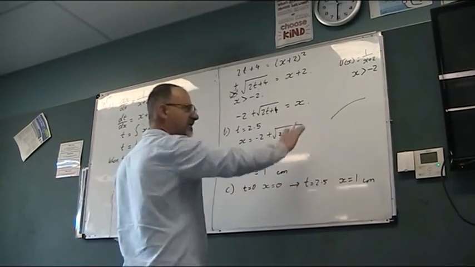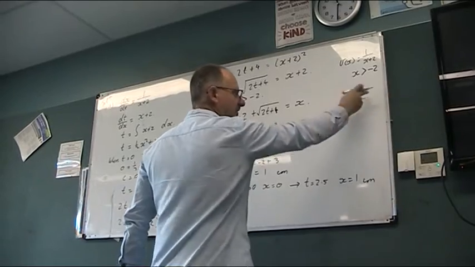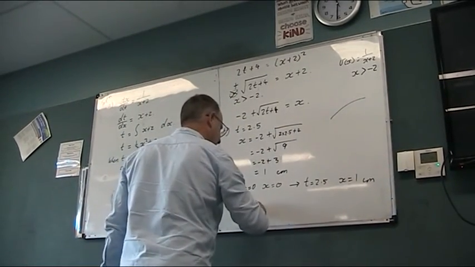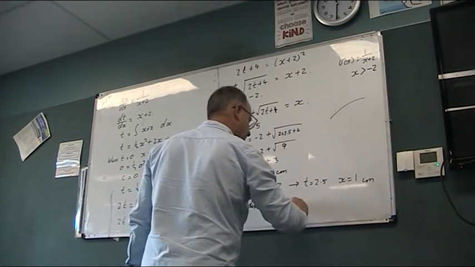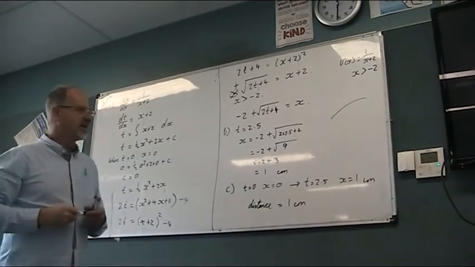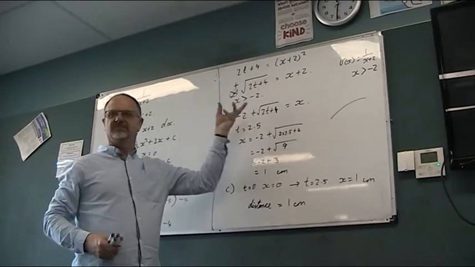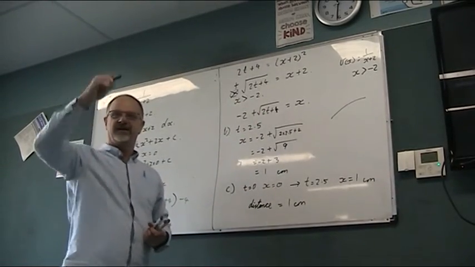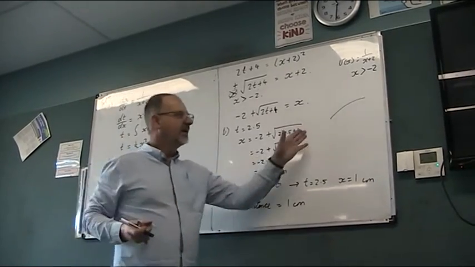Velocity is always positive, so it's always heading in the positive direction. So the distance that it's travelled is 1 centimetre. If this here was quadratic or something like that, maybe it might go out and then head back, but in this case it's always heading out.